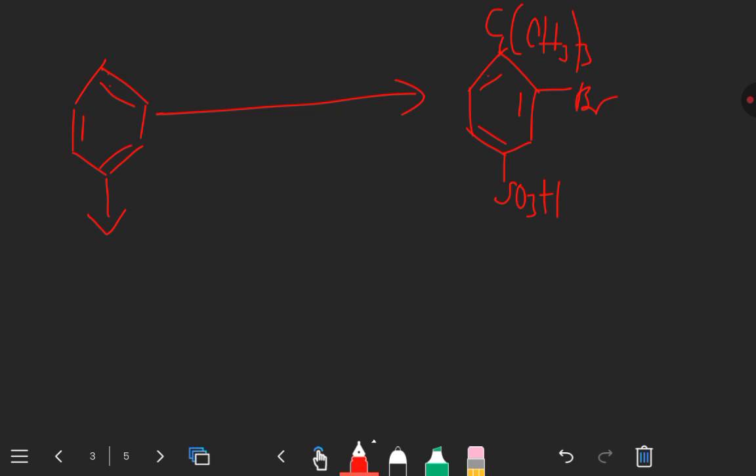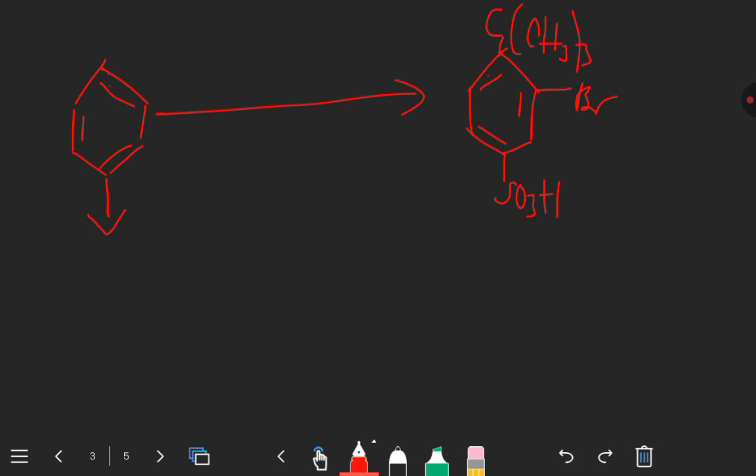With alkylation, we are trying to add an alkyl group to this benzene ring. You can see that on top it was just an alkyl group which was added. So we'll use the reagent which contains an alkyl.